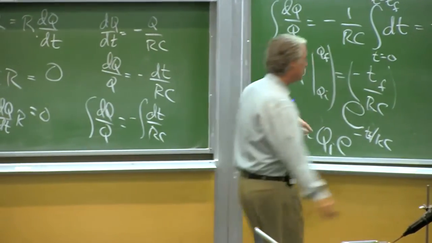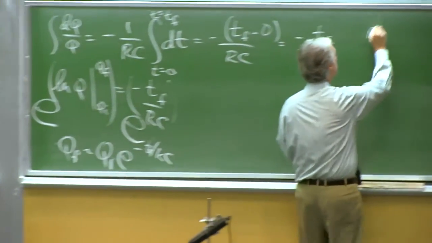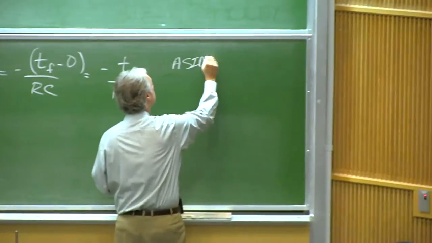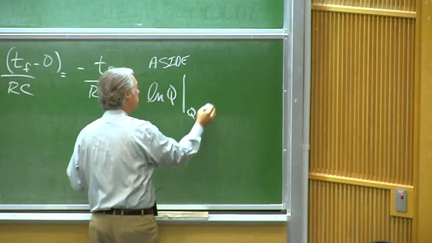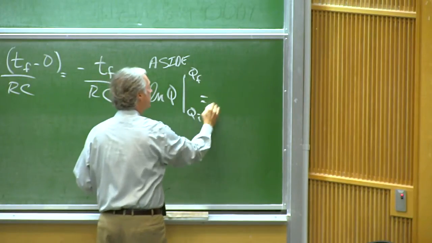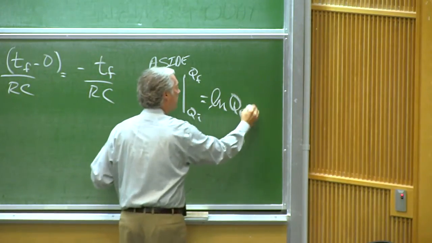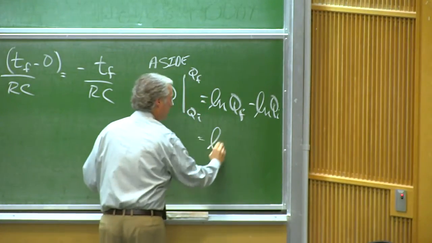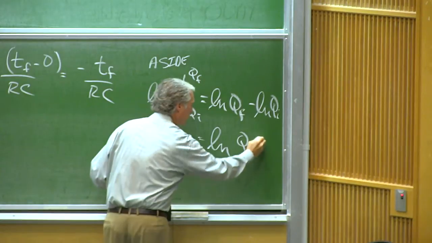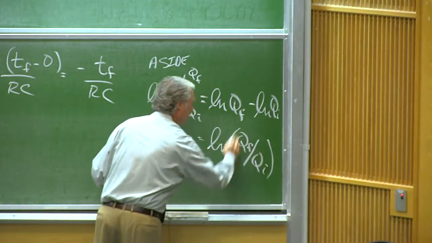Let me just make sure you saw that as a little aside. Remember, when you're doing your integrals, that log of q from q initial to q final is log q final minus log q initial, and that's equal to the log of q final over q initial.